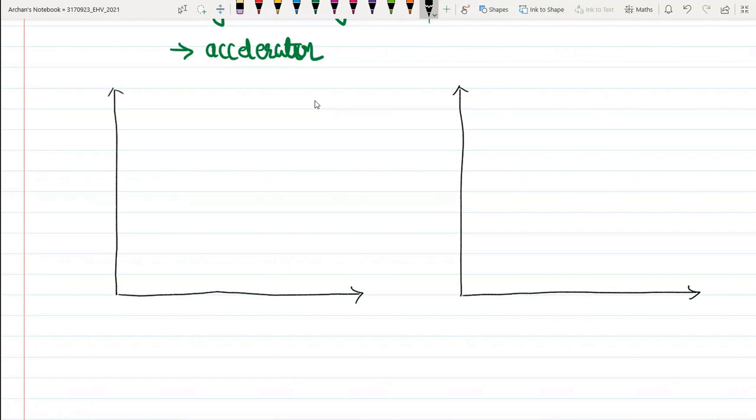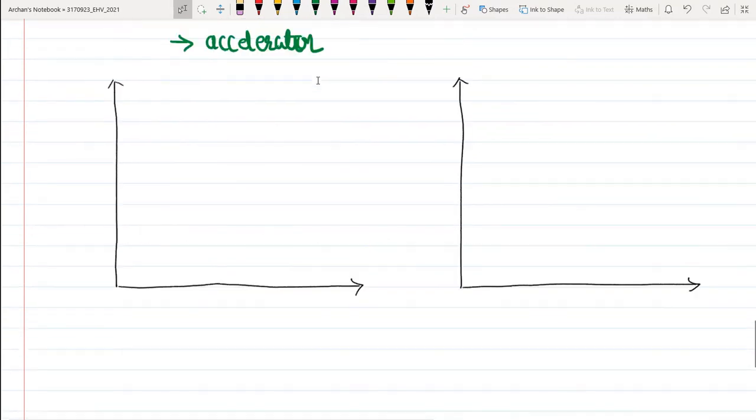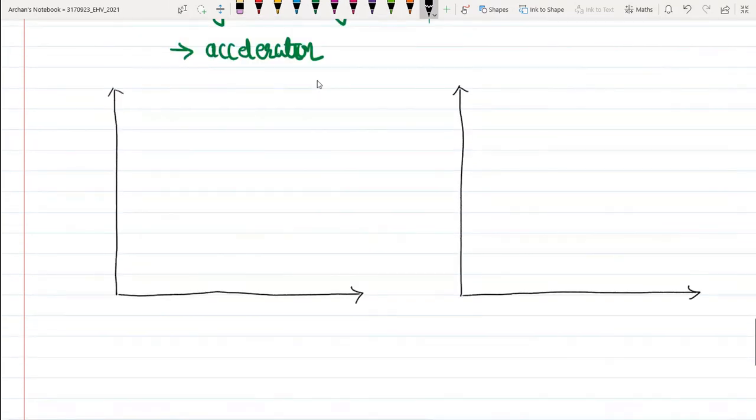So again, we will consider the speed on the horizontal axis and tractive effort as well as resistances on the vertical axis.